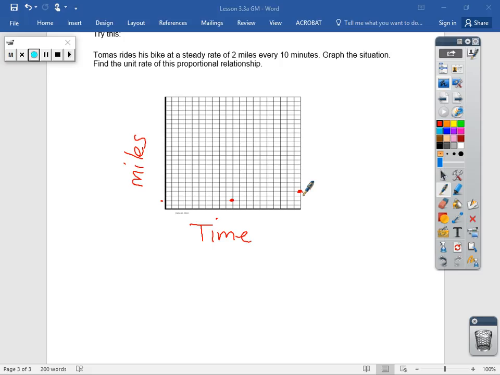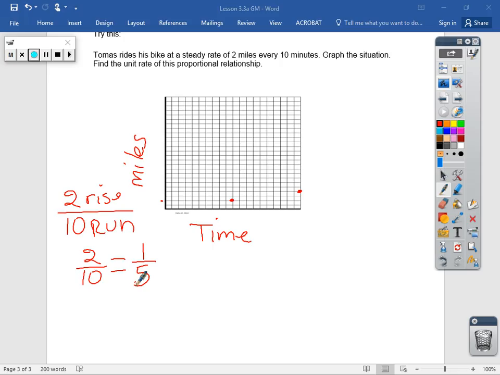And then we're going to find our unit rate. So I know that he can go 2 miles, which is my rise, 10 minutes, which is my run. So my slope is 2 over 10. 2 goes into 10 5 times.